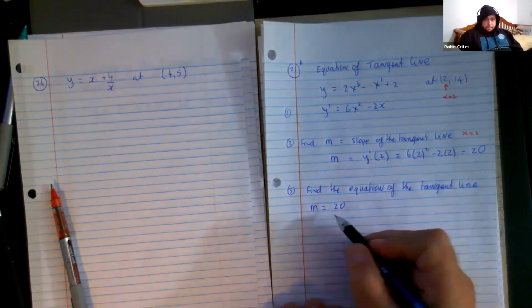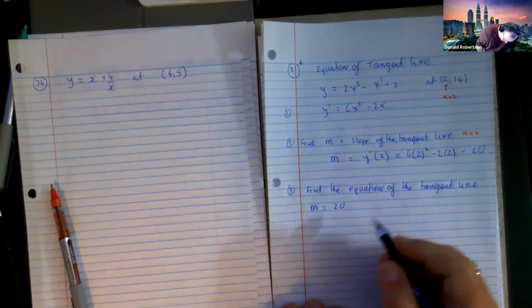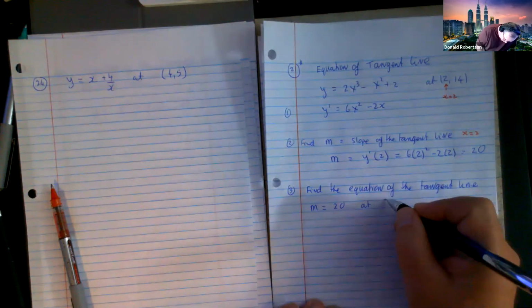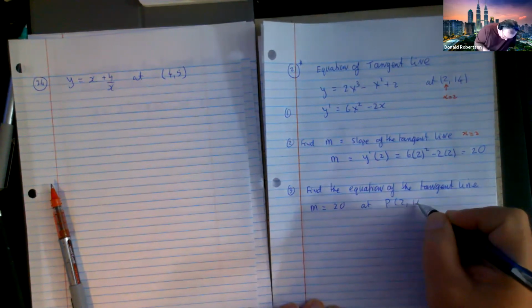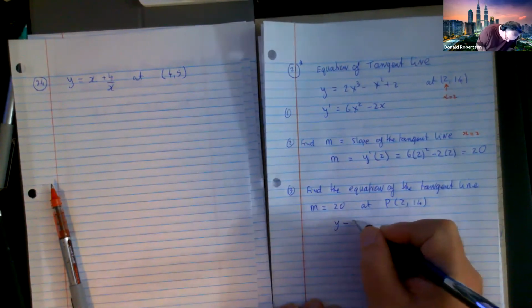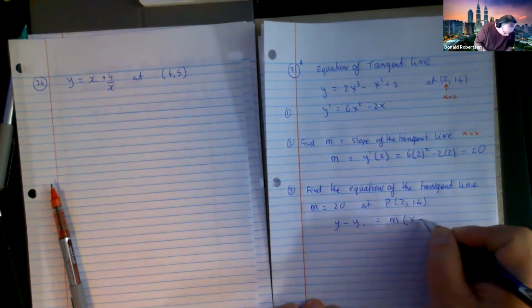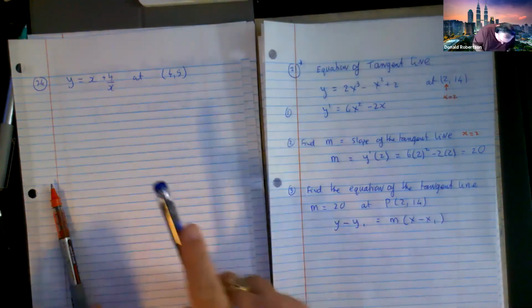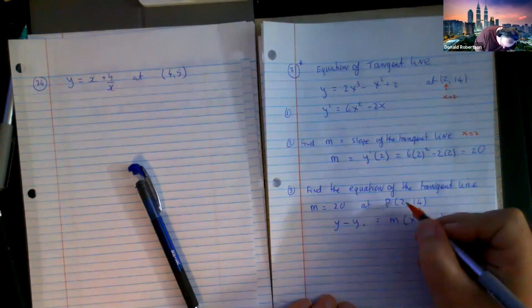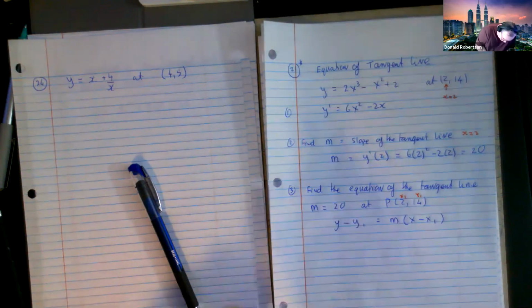Yeah, thank you. So, right, the equation of the tangent line has a slope of 20 at the point 2, 14. And to do that, you use this equation. Always this equation. It's called the point slope equation. This guy is called x1, and this guy is called y1.